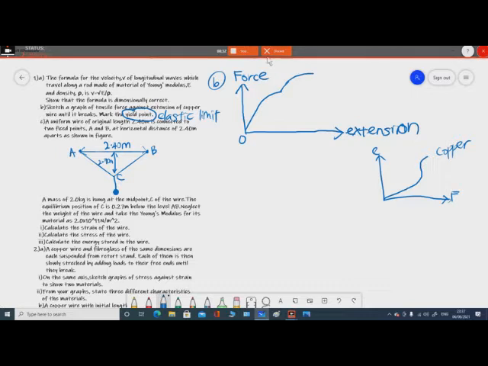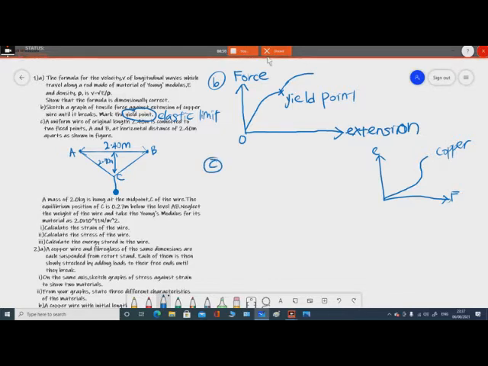So this shall be our yield point. So this is how we draw the graph of force against extension for the copper. This is part B, and let's move on to part C.